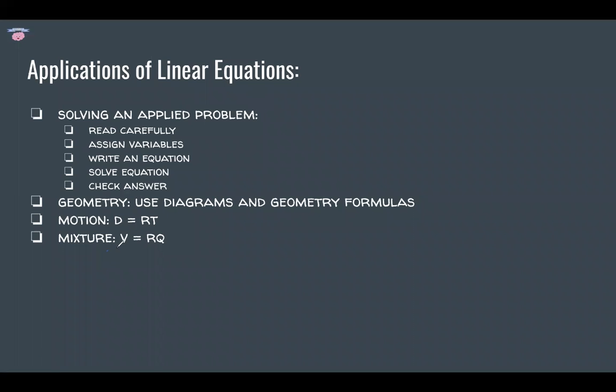V is volume, R is rate, and Q is quantity. And this usually involves making a table. So let's say we want a mixture of yellow and red paint, or how about some 30% acid, and we're given 30% acid and some water, and we want a 20% acid.